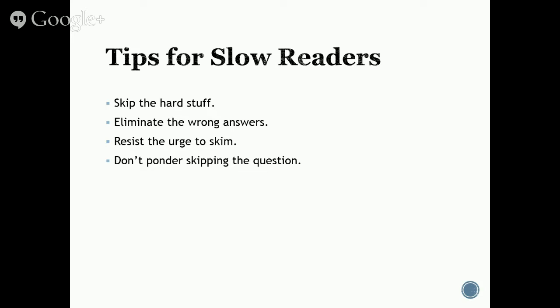And that can help answer some of the questions. As you are reading the questions, see if you can eliminate some of the wrong answers. Just go ahead and say, no, that one can't be right. It's a little off. Resist the urge to skim.